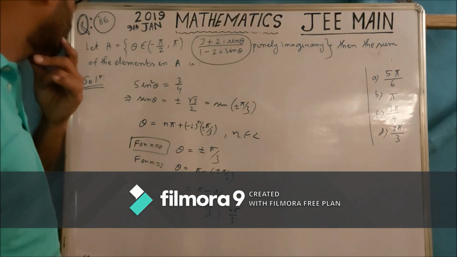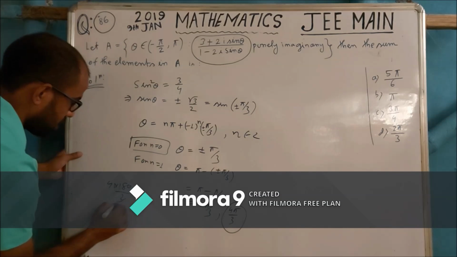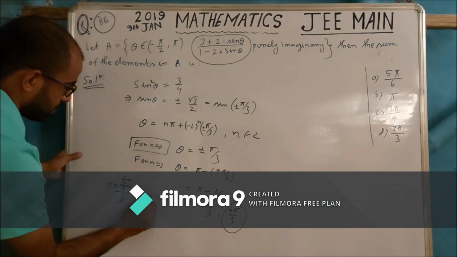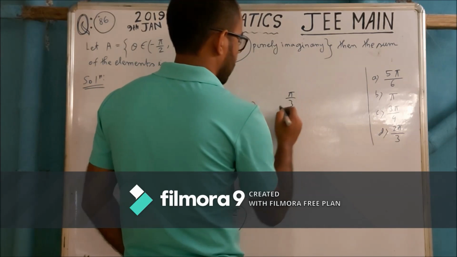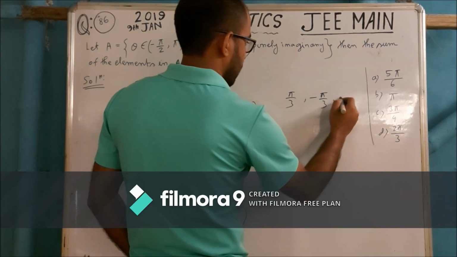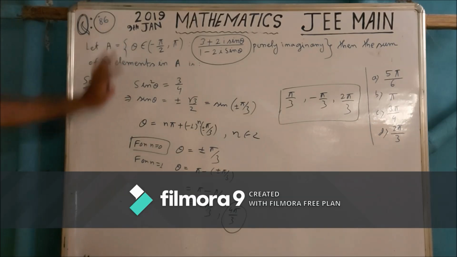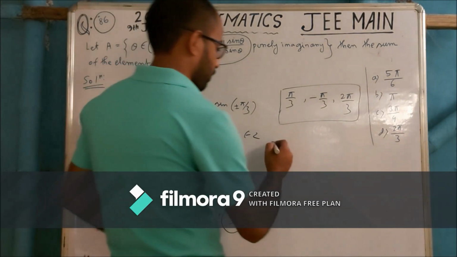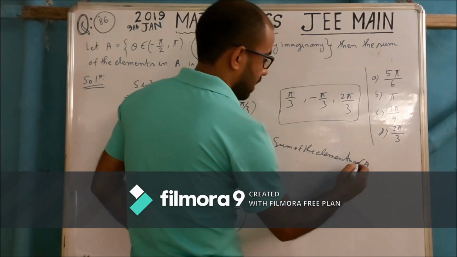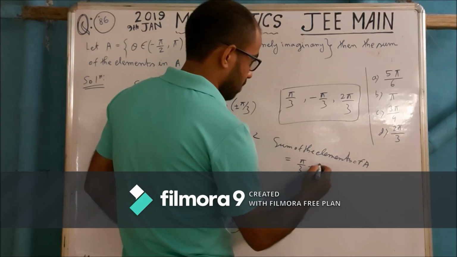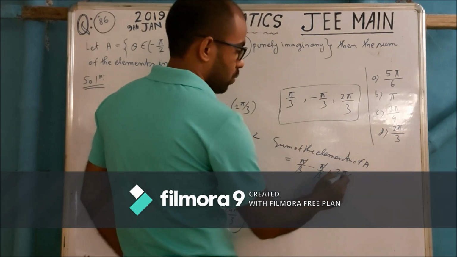So we get three values: pi by 3, minus pi by 3, and 2 pi by 3, which belong to the set A. The sum of the elements of A equals pi by 3 minus pi by 3 plus 2 pi by 3, which is 2 pi by 3.